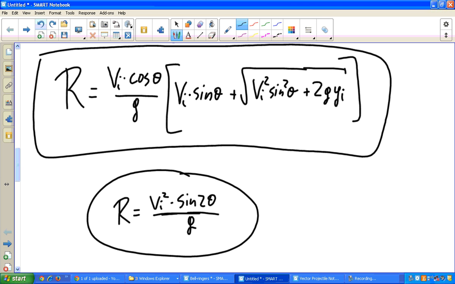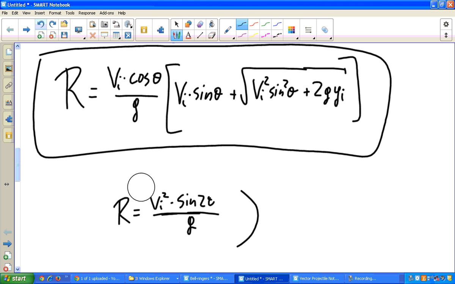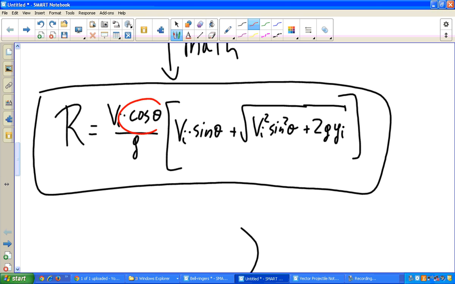If you look at this general range equation, though, it gets a little trickier. Notice we have an appearance of cosine theta here, a sine theta there, and then a square root of sine squared theta plus a couple of terms in there. When you fire a projectile off a cliff, it's no longer as simple as saying the optimum launch angle is 45 degrees.